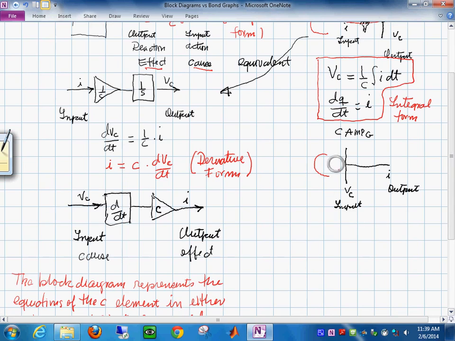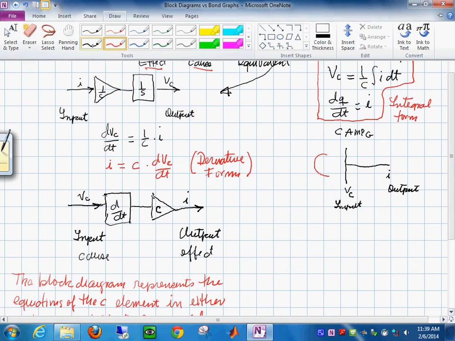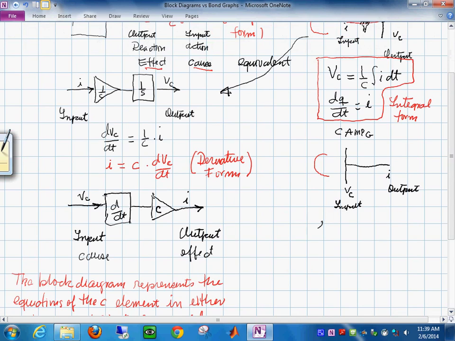What am I saying with this? We are saying here that the current I is equal to C times dV sub C dt.